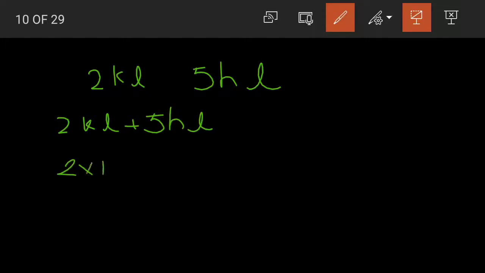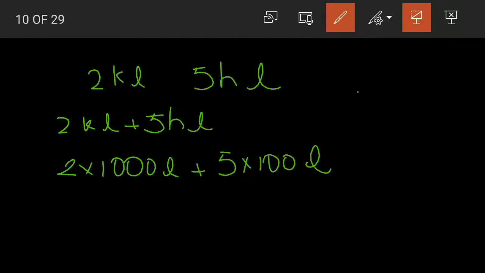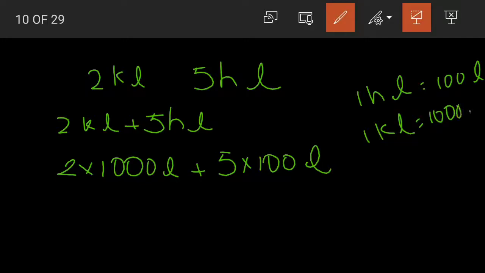So the kiloliters are to be multiplied by 1000 liters and hectoliters are to be multiplied by 100 liters. Again, if you remember the table of units of measurement, children, there we have learnt that 1 hectoliter is equal to 100 liters and 1 kiloliter is equal to 1000 liters. That is what we are doing to convert kiloliters into liters.